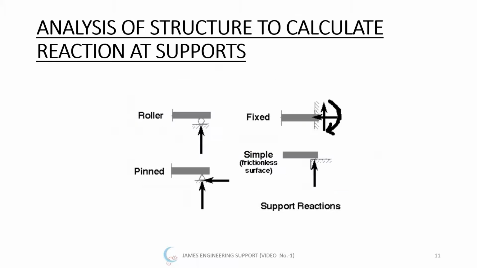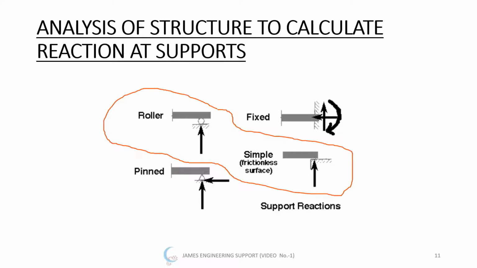Next is support reactions. As I just explained, a roller support is capable of taking only vertical load. A simple support is a frictionless support, so roller support and simple support are exactly the same thing. Next is a pin support. It is capable of taking horizontal as well as vertical force.